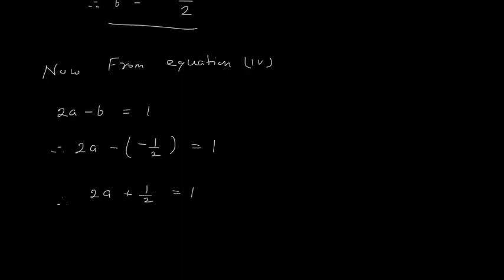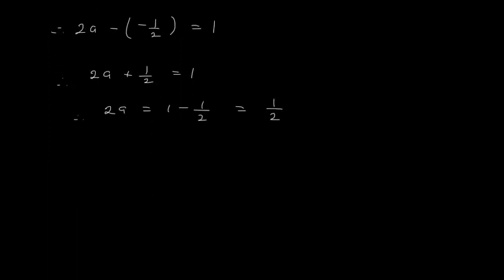Therefore 2a is equal to 1 minus 1 upon 2, is equal to 1 upon 2. So therefore the value of a is 1 upon 2 into, this 2 will go here, and it will become 1 upon 2, so 1 upon 4. Value of a is 1 upon 4. Value of b is minus 1 upon 2.